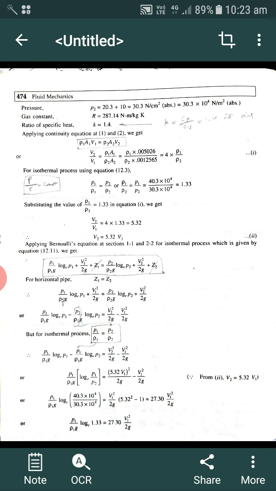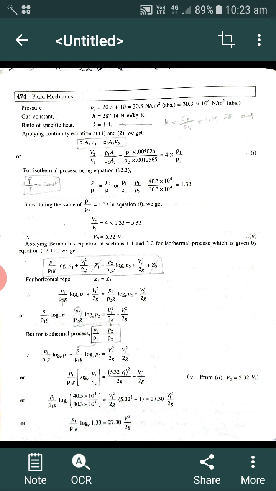Here P1 by rho 1 is equal to RT1. Temperature T1 is given, R is also given, substitute here and find the value of P1 by rho 1.